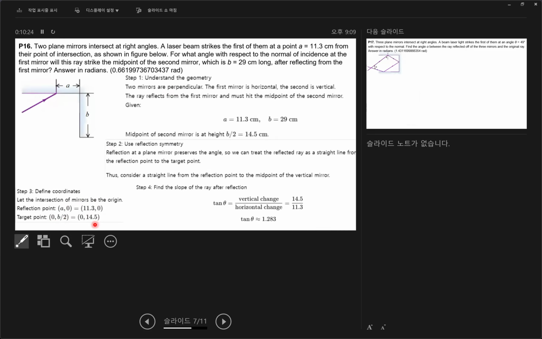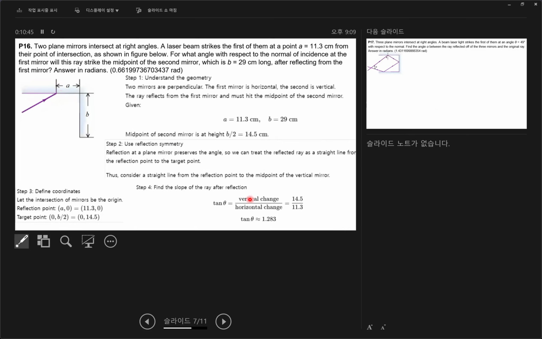And then finally, what we need to do is find this angle. The slope of the ray after deflection is a over B over 2.